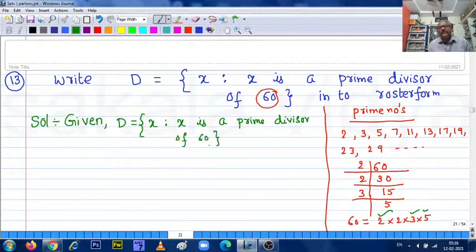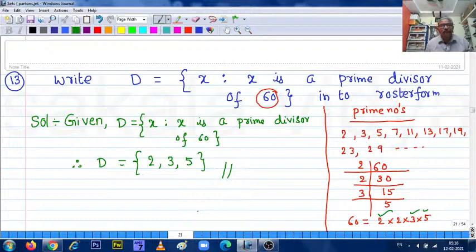So this is to be expressed in roster form. So how could you express? Therefore set D is equal to, what are the elements you will be getting? Actually 2 comma 2 comma 3 comma 5. In a set, an element should not be repeated. Take one time only: 2 comma 3 comma 5. So this is the answer.